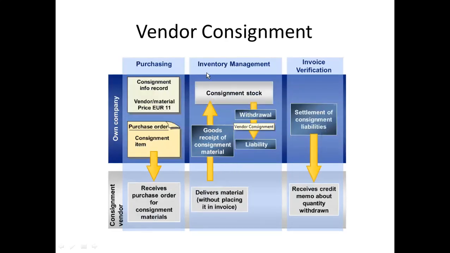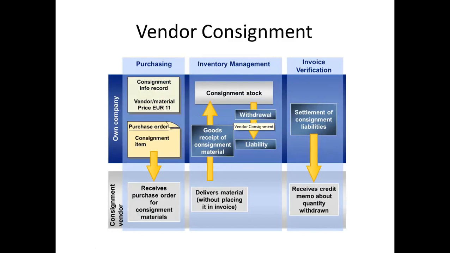Next, one more special type of cycle is the vendor consignment. In the case of vendor consignment, I had given you the example of an electronic shop, right? Do you remember that? So here the vendor will come and store the material in our store location, but he won't ask for the payment until we use the material.